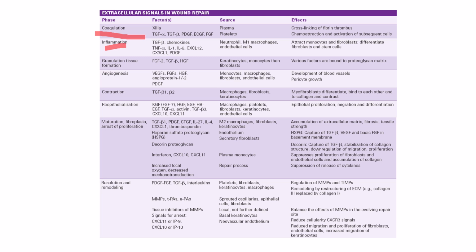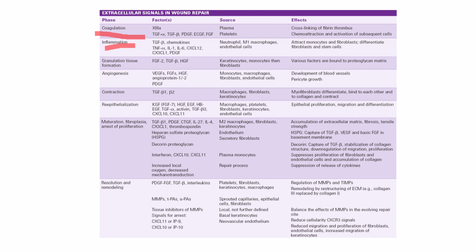Then there is phase of inflammation. Here the factors needed are transforming growth factor beta, chemokines such as TNF alpha, interleukin 1, interleukin 6, CXCL12, CX3CL1, and platelet derived growth factor.